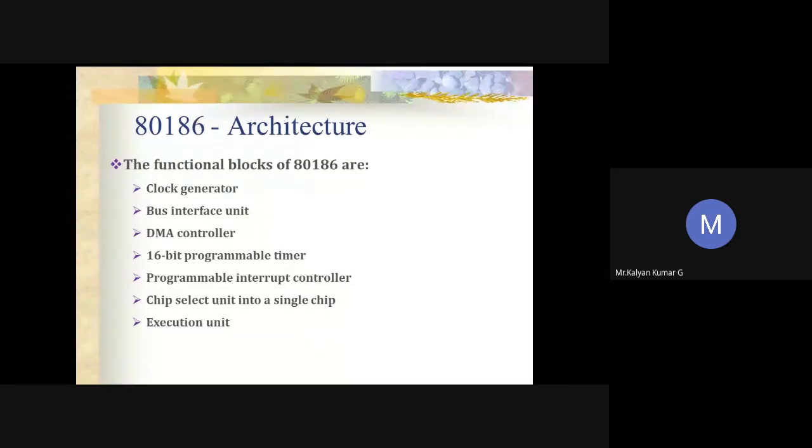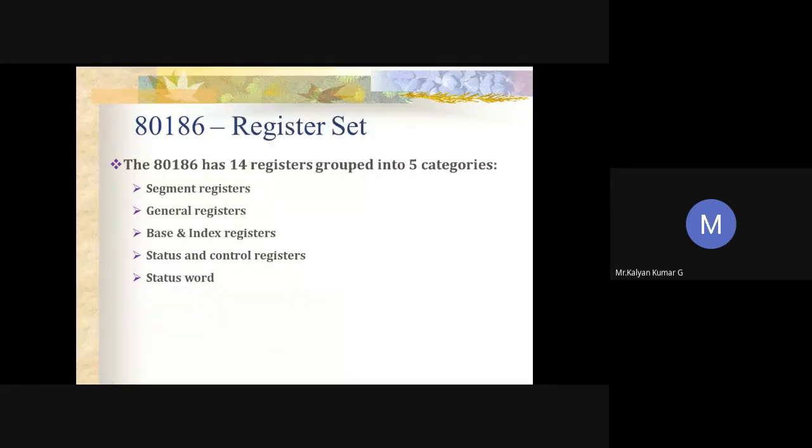We have a 16-bit programmable timer, the programmable interrupt controller, and the chip select unit also available. The last one is the execution unit. All these are available as different blocks in the 80186. So we'll see them one by one in detail.